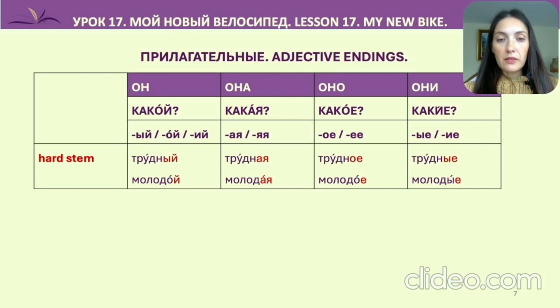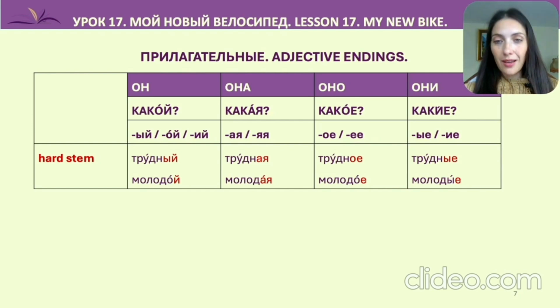These types of adjectives are the most popular ones and they are the most common and widespread ones. So a lot of adjectives will fall under this rule. Adjectives like трудный. Трудный, what does it mean? Difficult. Трудный язык, difficult language. Трудная задача, a difficult task.